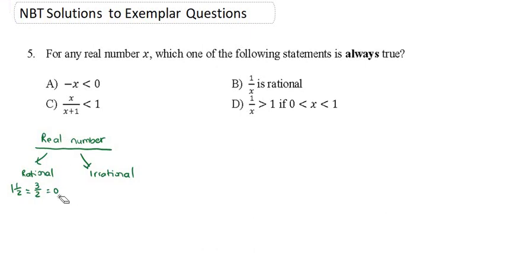Those are all rational numbers. For example, -4, or even the number 4. Why is it rational? It can be written as a number over another number. So -4 over 1 is exactly the same as -4.